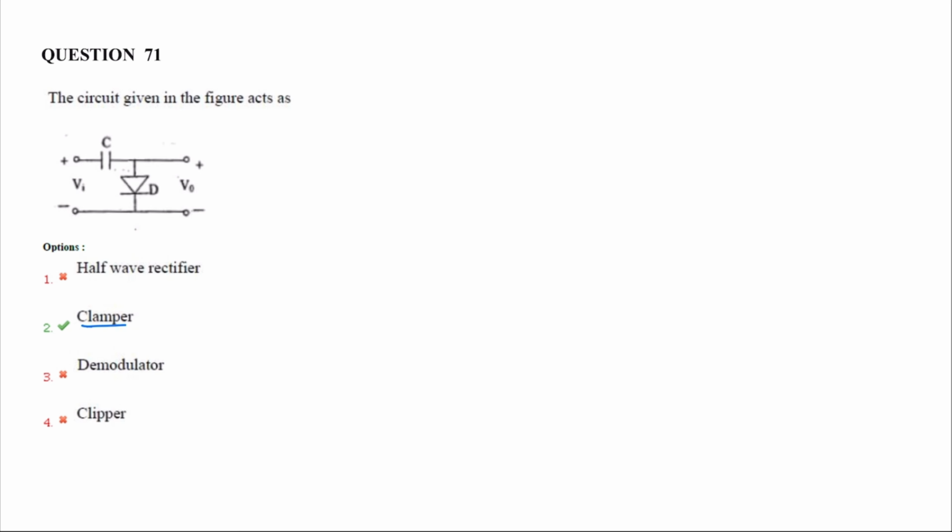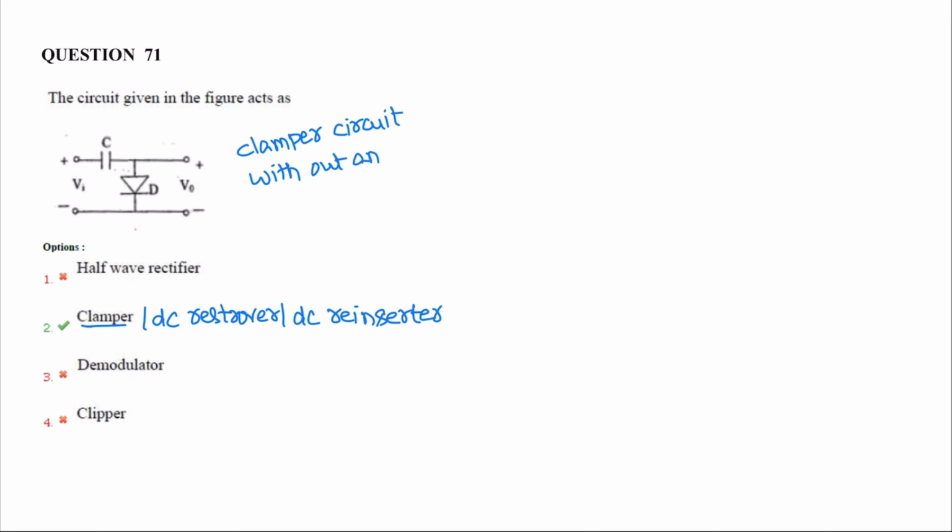So clamper circuits are DC restorer or DC reinserter, and this is a clamper circuit without any bias. The given circuit is a clamper circuit without any bias, no positive bias or negative bias.